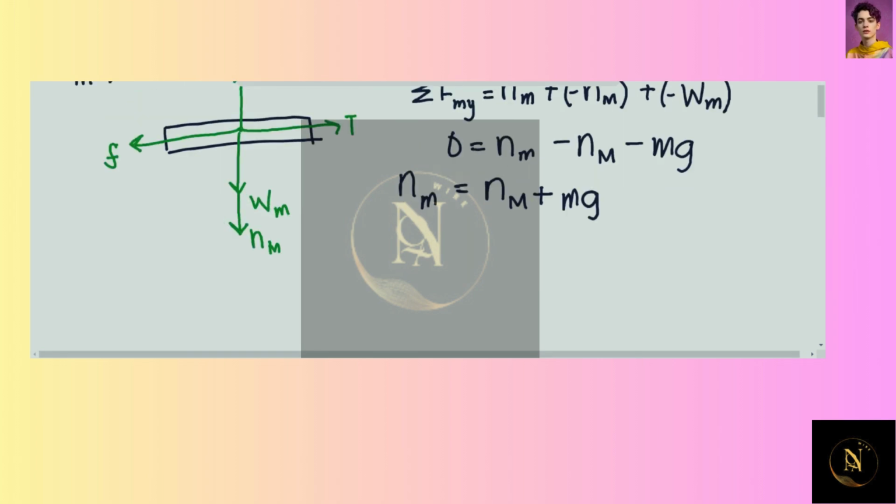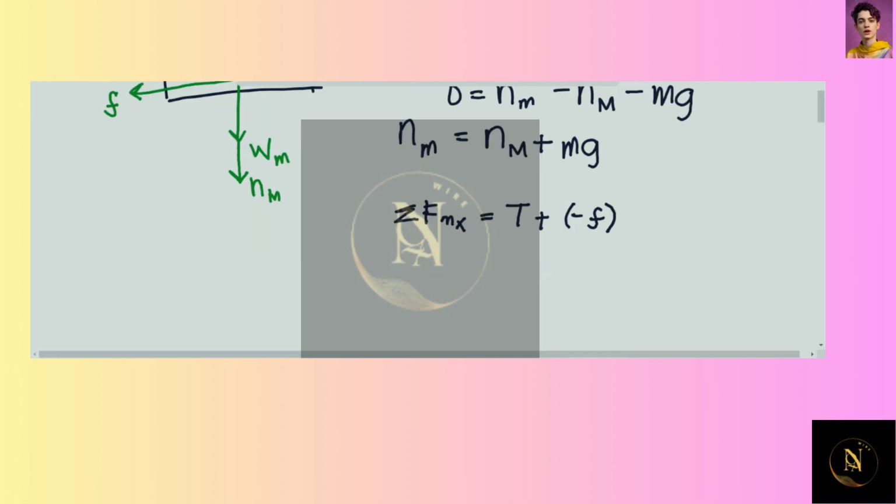Now for the horizontal plane, the summation of the forces are the tension and the negative of the friction force. This is negative since it is opposite the tension on the rope.